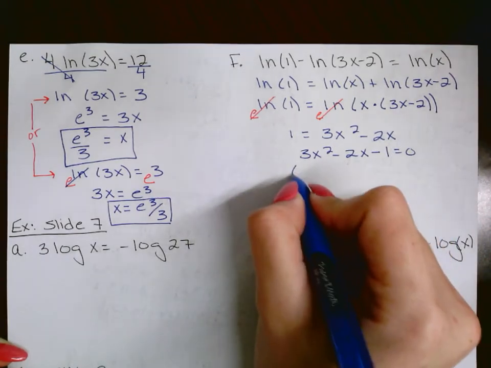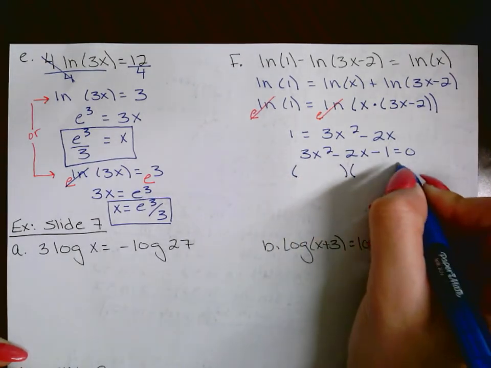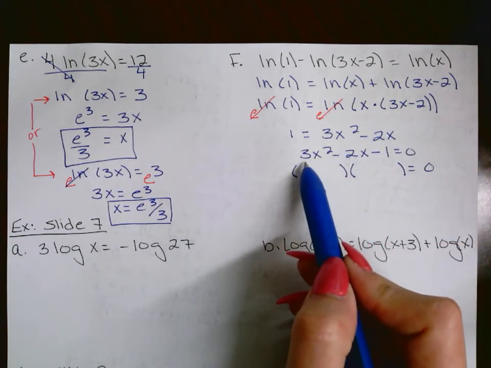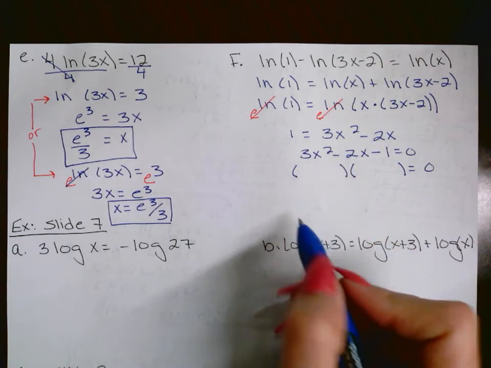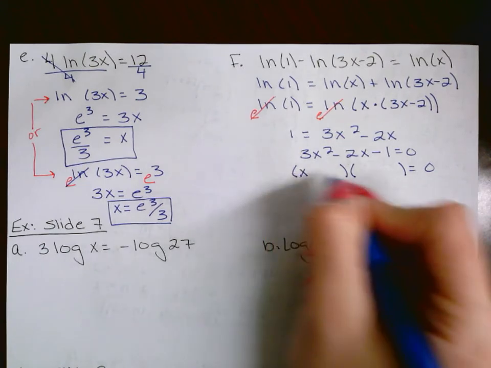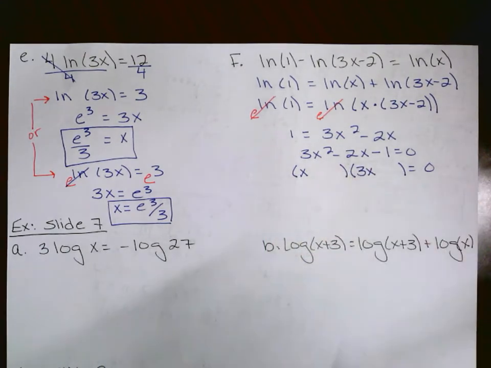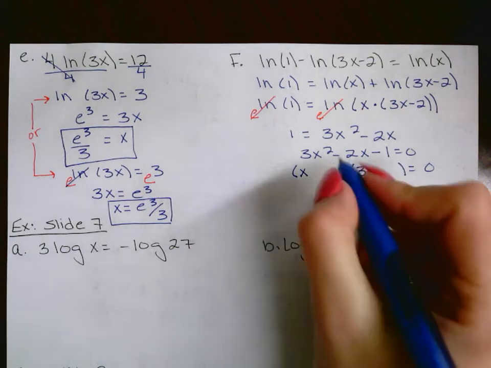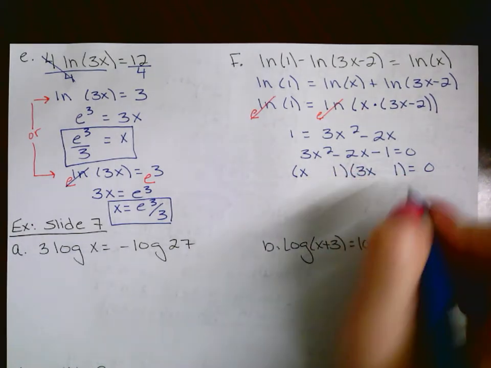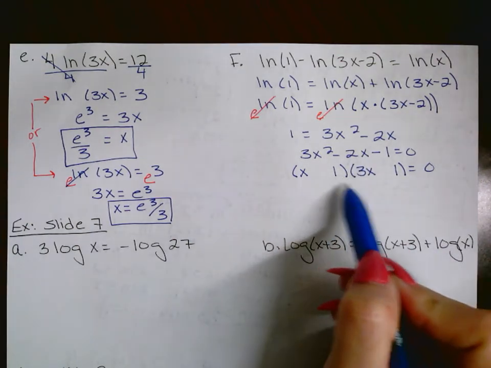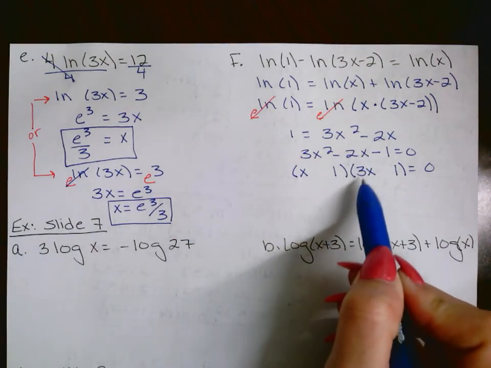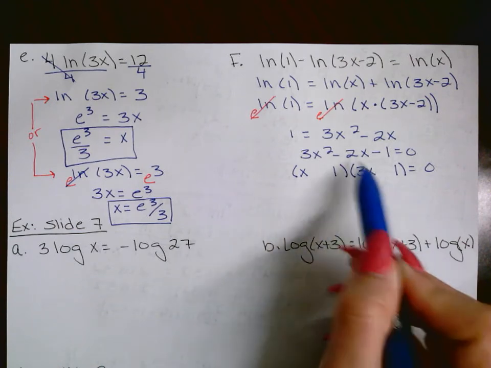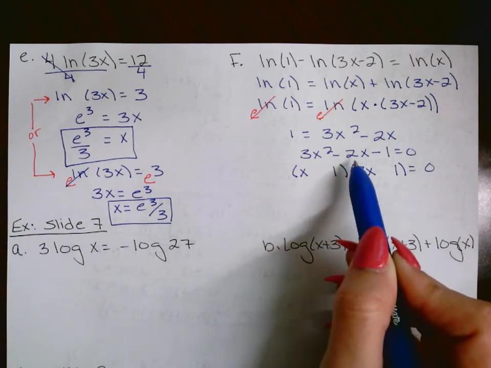And now I'm working on getting 2 binomials. Okay? 2 numbers that multiply to give me 3x squared. A 1x and a 3x. Okay? 2 numbers that multiply to give me 1. 1 and 1. Now, remember, when I FOIL this, the inner, this 1 times 3x, and this outer 1 times x need to combine to give me a negative 2.